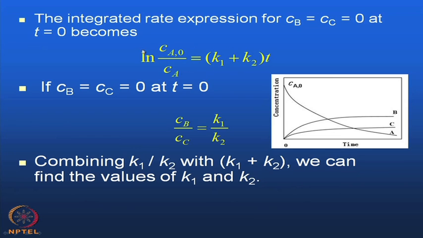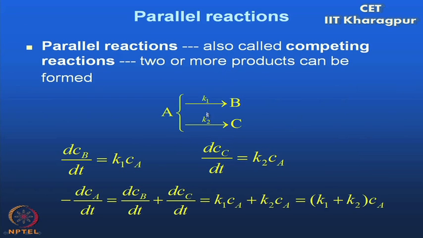So, this is basically like a first order, you see, ln A0 by A is equal to K into t. The only difference is that it is a sum of the individual K values, and this happened only because both steps are elementary, so both steps are first order.